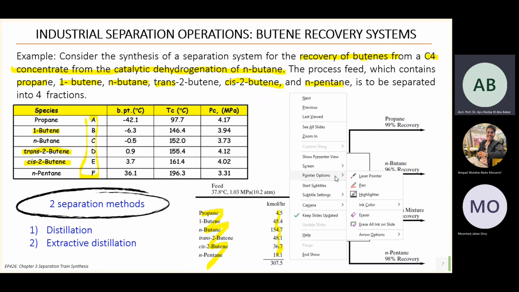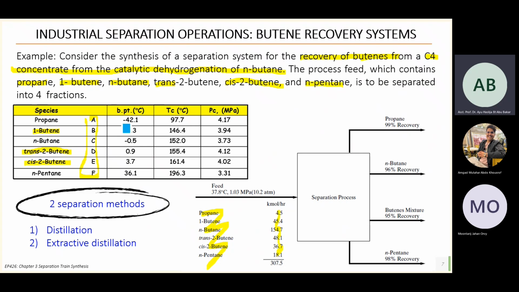But they have different boiling points. 1-butene is negative 6.3, whereas the trans and cis are this one. Okay, so from this figure, these are the percentages of recovery that are required.